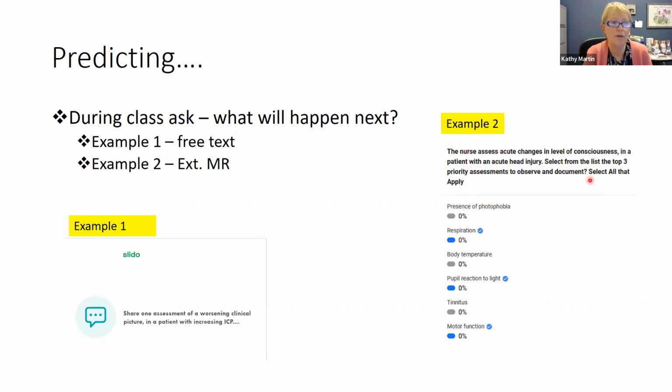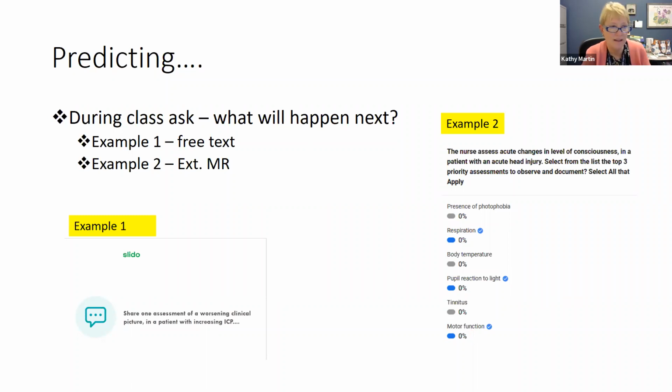I am using this extended multiple response item type. I am giving them the N, the number of items, and they then got feedback about their comprehension of the content that I had just taught.